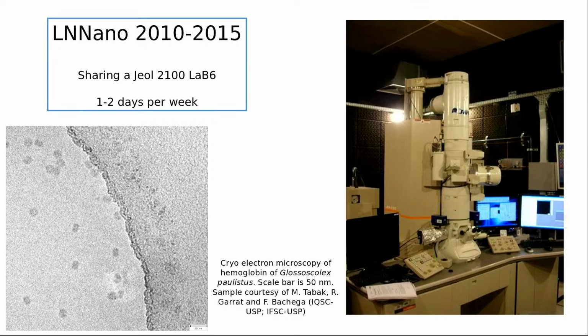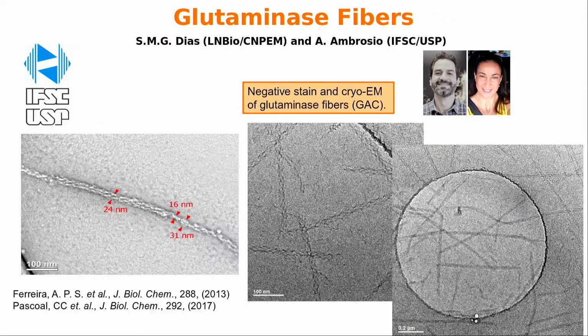And then we started bringing some people to work together. The first group of people that got interested in structural biology work were X-ray crystallographers. So we had this group that was really the first to join us, which was André Ambrosio and Sandra Dias. André is now at the University of São Paulo, and Sandra is at CNPq.